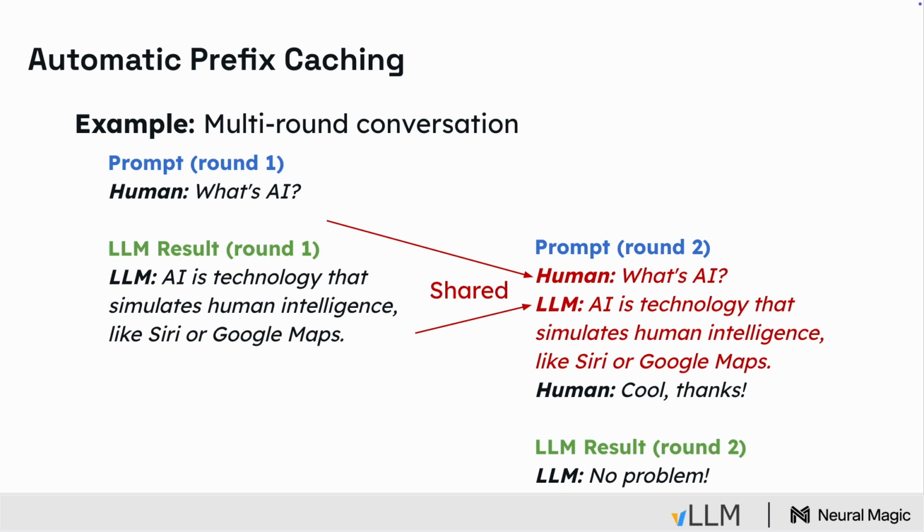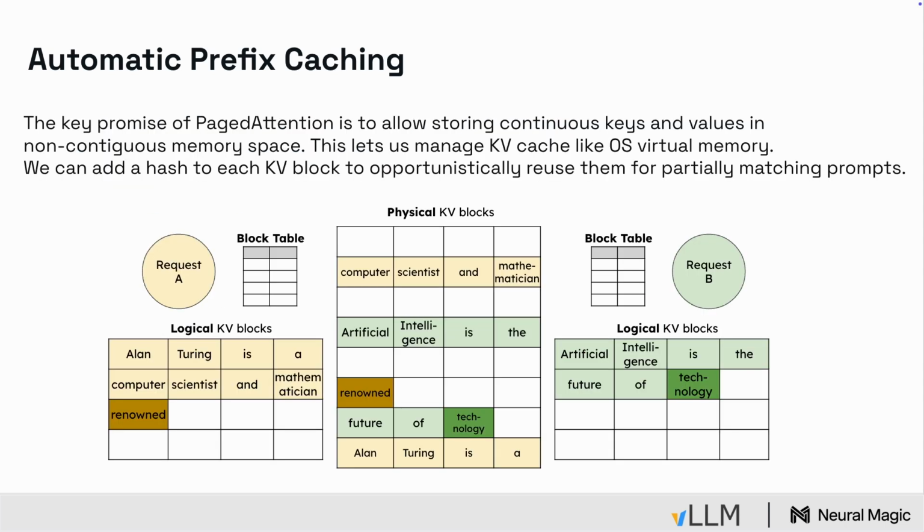Since the LLM has already both prefilled your request and decoded its response to you, it should just be able to take that previous conversation from cache and not need to recompute it. So this is really important as you start getting to scale and not wasting prefills. As we know, they can be pretty expensive.